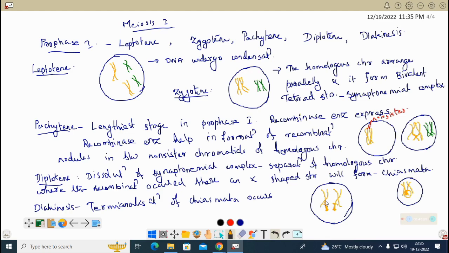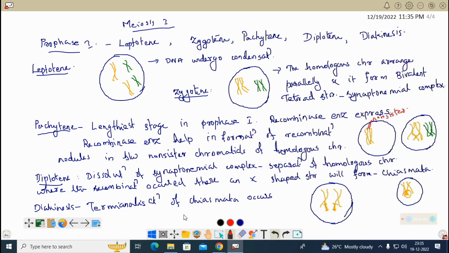So you see, a part of his father's chromosome has joined with this chromosome, and a part of his mother's chromosome has joined with this one. That means a genetic exchange has occurred between the chromosomes of his mother and father in this person's body. That leads to variation. This recombination leads to variation.